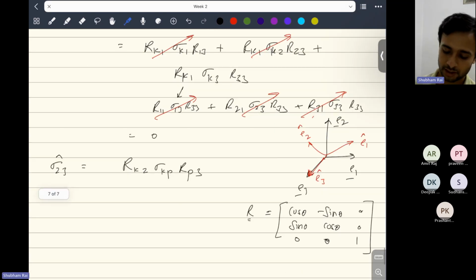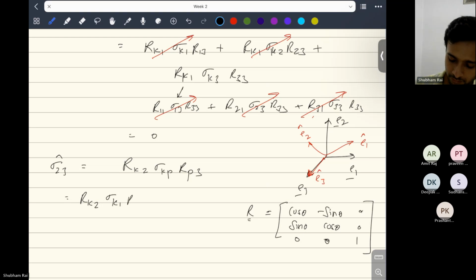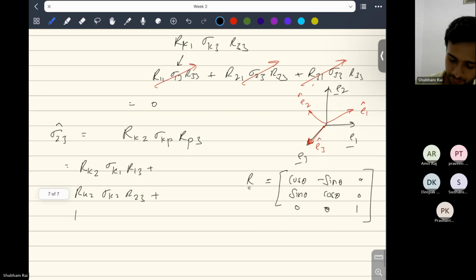So then you can try expanding about P and then expanding about K. So firstly, if you expand about P, R_k2 sigma_k1 R13 plus R_k2 sigma_k2 R23, and this procedure will be similar, plus R_k2 sigma_k3 R33. Okay. So this term is going to vanish because R13 is 0.